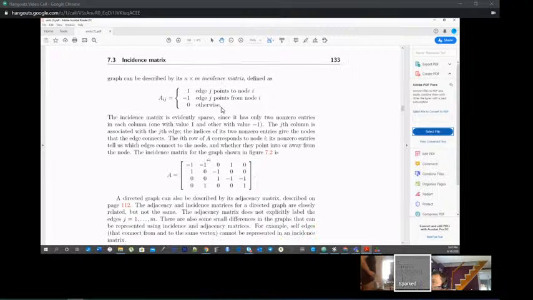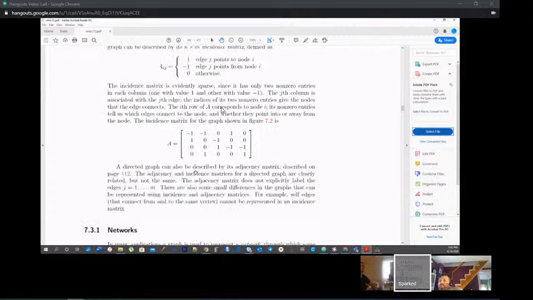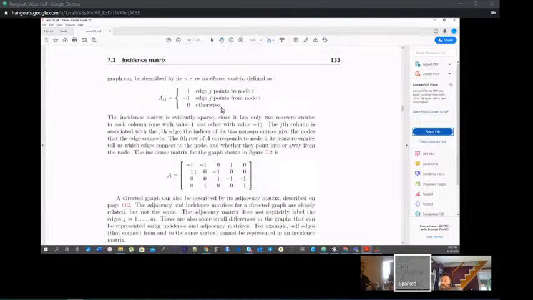All right. So here, 1 and -1 means node I points to J. You're just building a graph structure from these. NetworkX actually does this for you.